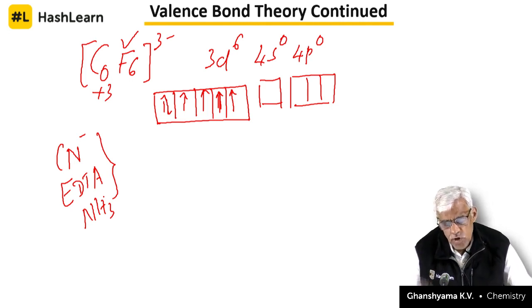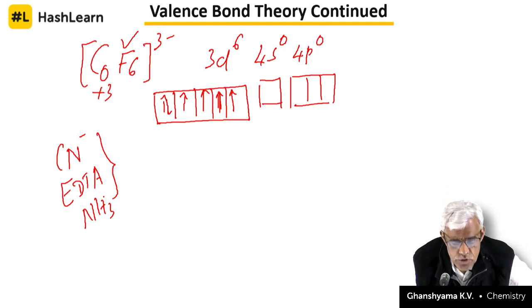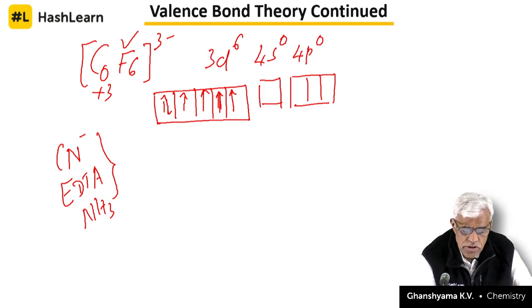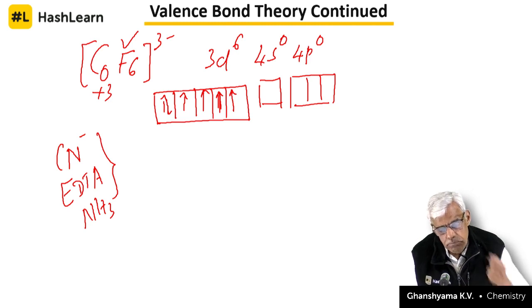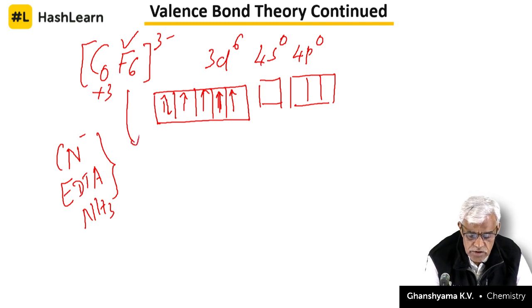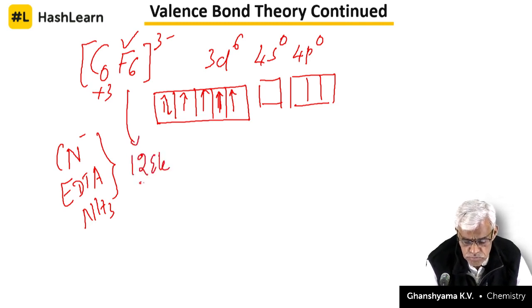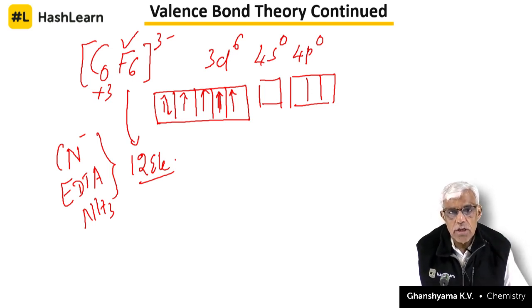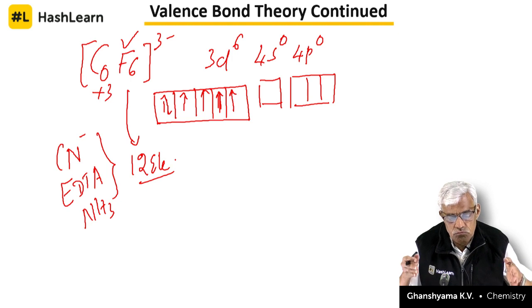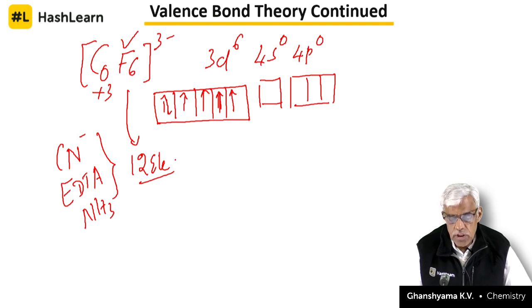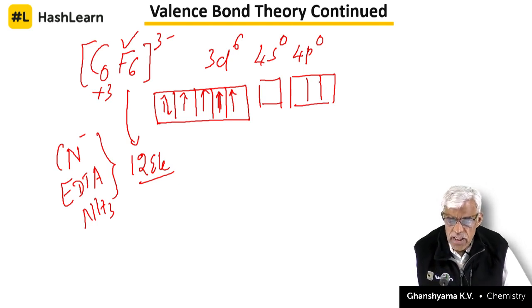The reason not explained here can be explained in the next theory, crystal field theory. So F has no capacity to make these 4 unpaired electrons pair up, but F6 is providing 12 electrons. These 12 electrons must be accommodated in 6 orbitals of equal energy. Now only 4 vacant orbitals are available.